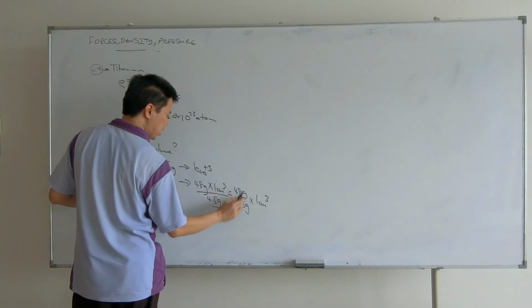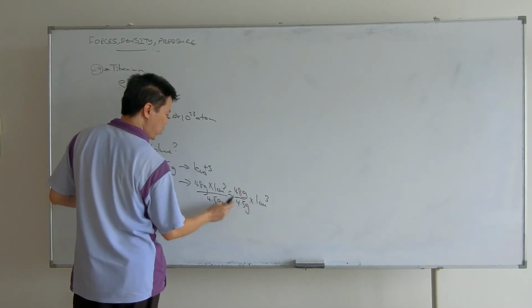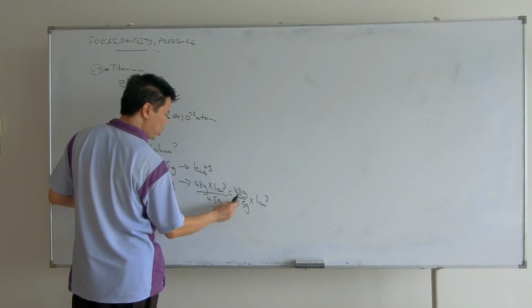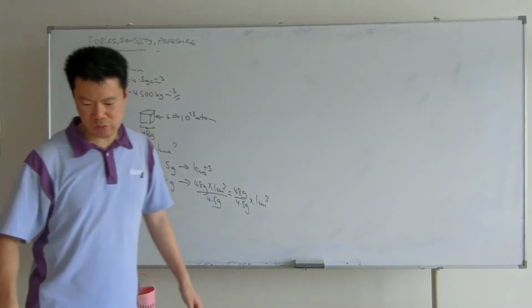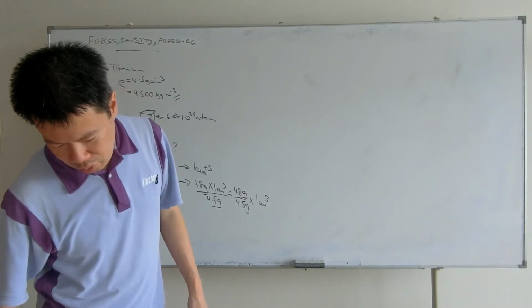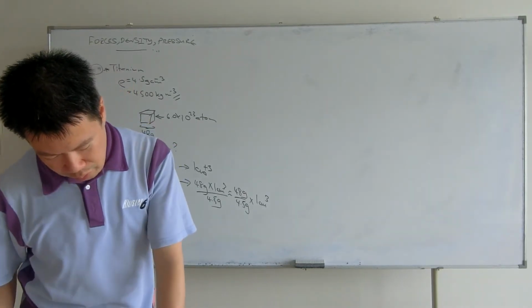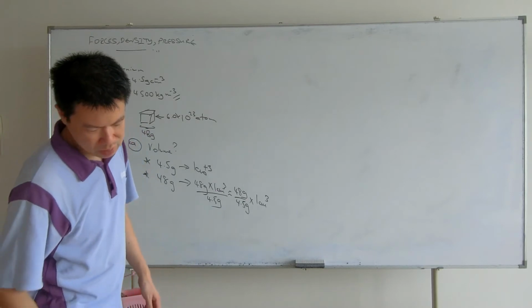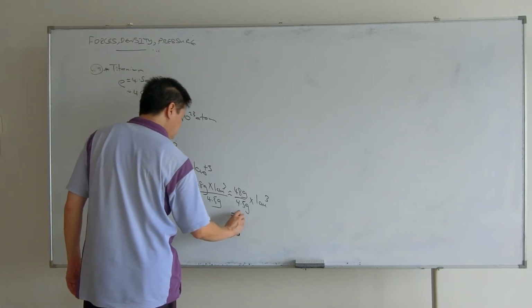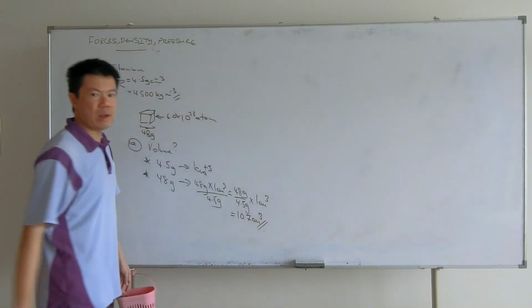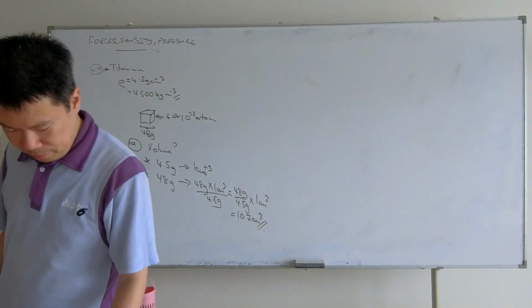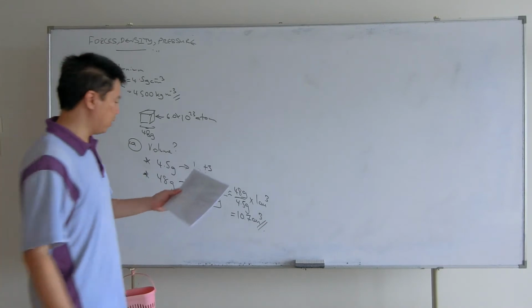Since 4.5 grams is 1 cm cube, 48 divided by 4.5 will give you the ratio of how much bigger this will be. You can pause this video. Once you unpause this video, you should get a value of around 10.7 centimeter cube. Okay, straightforward, nothing special.